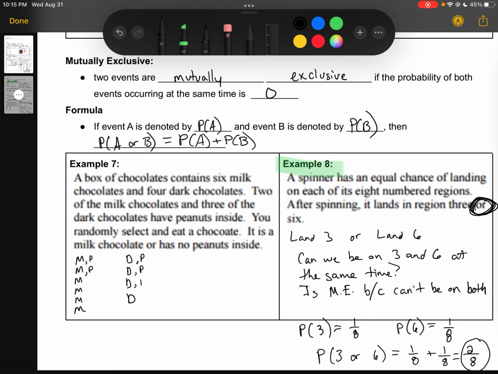And 3 of the dark chocolates have peanuts. And we are trying to see if we can get something that is the probability of milk or the probability that it has no peanuts.